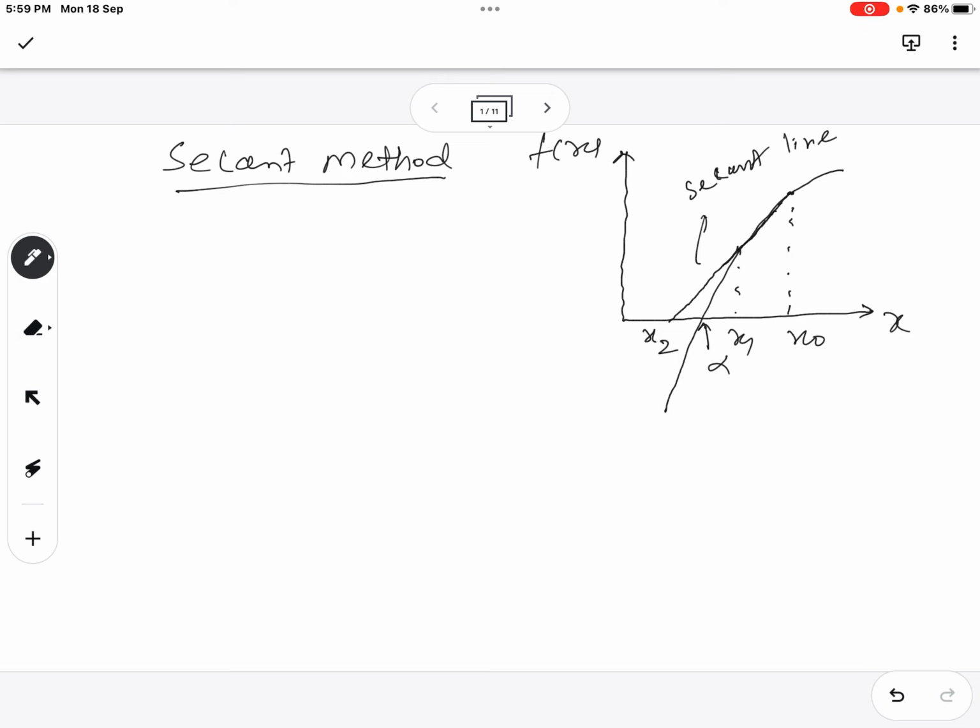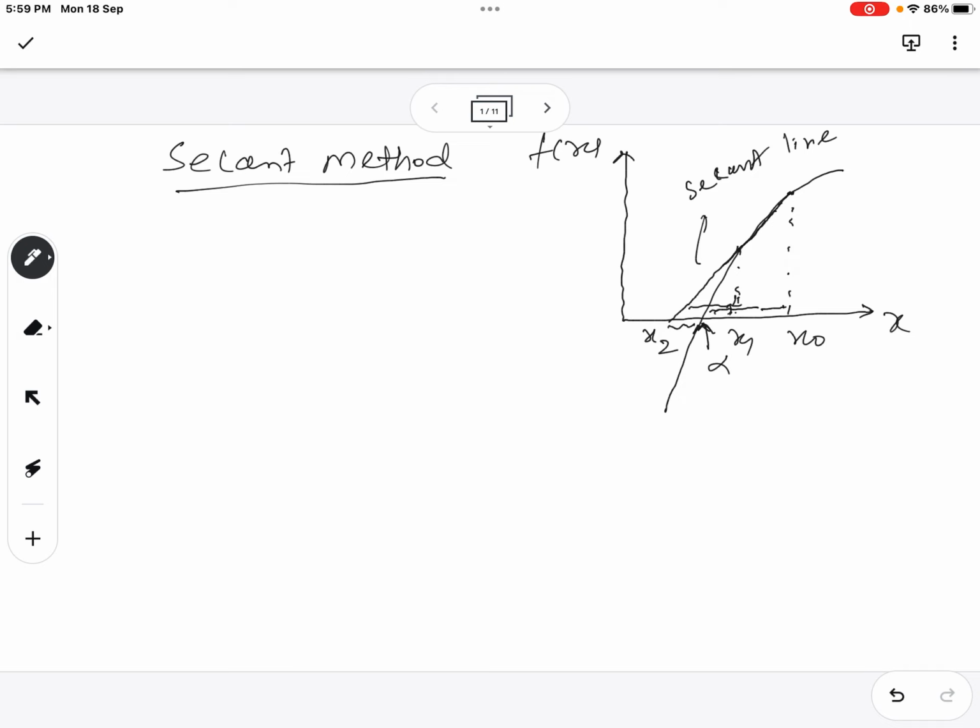Now we can see that this new point is closer to the root than the earlier points. So the earlier points are x1 and x0, and both these points are farther from the root as compared to x2.